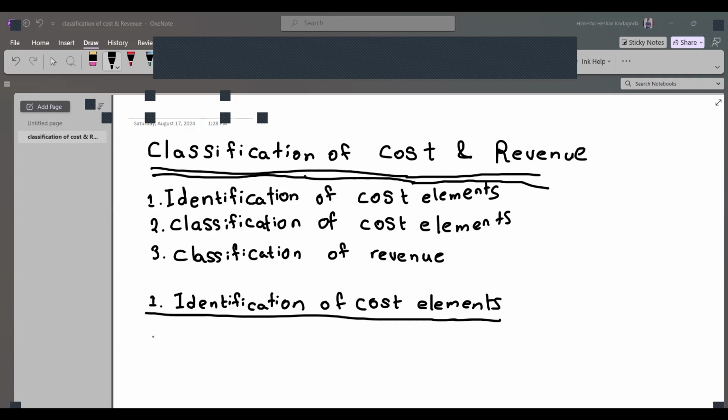Right. So what is the term called cost, guys? First of all, tell me, we discuss cost.